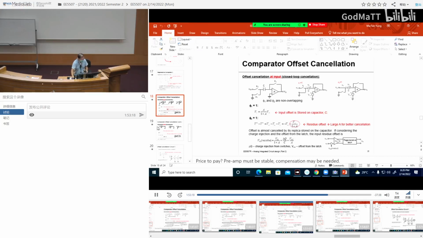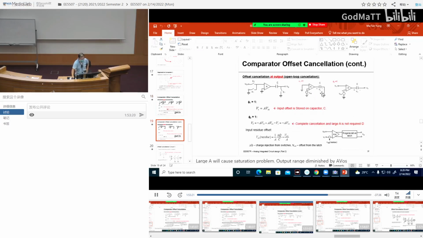Same thing here. When I close this switch, I'm storing the offset VC across here. And then when I do the comparison, I have to open this switch. When I open, once again I inject charge, and I will change slightly what I store here.